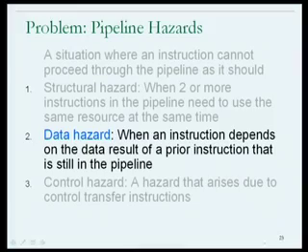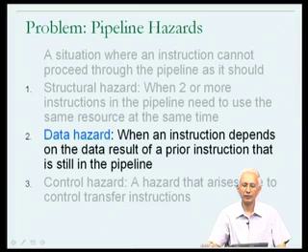Now, we had looked at an introductory view on the different kinds of hazardous situations that could arise in a pipeline in the previous lecture, and had seen that there are a class of hazardous situations called structural hazards, which can be handled, for the most part, by appropriate design of the pipeline, by making sure that the resources of the pipeline are designed in such a way that they can be used by as many instructions as may need them at the same time.